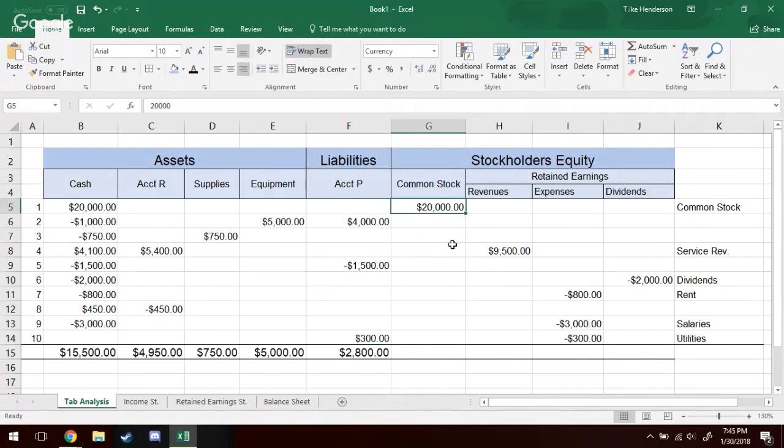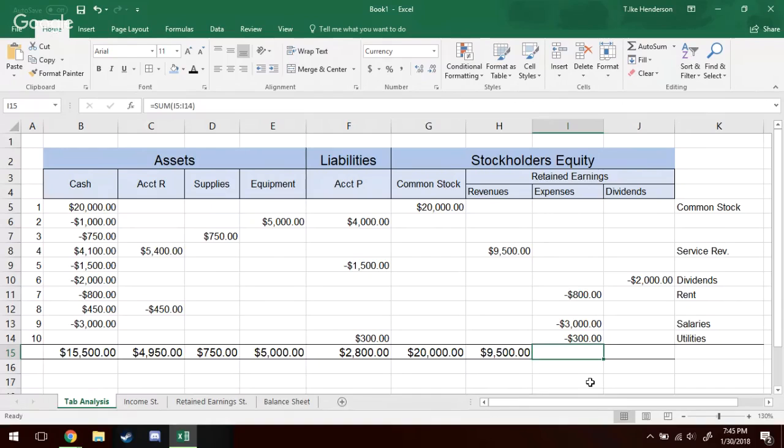There was only one transaction that included the account common stock, so we'll include 20,000. Same thing with revenues. There was only one transaction where service revenue was recorded, so that is 9,500.